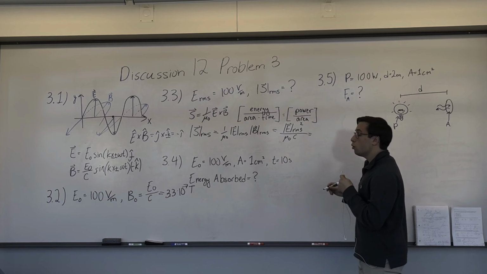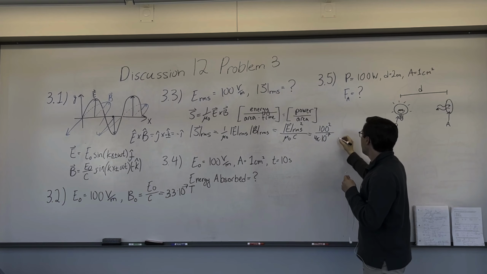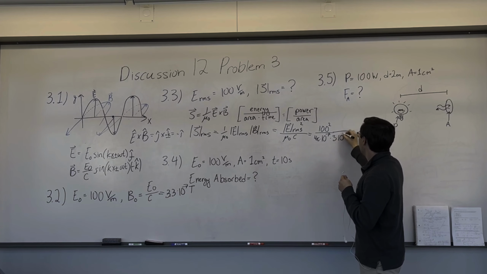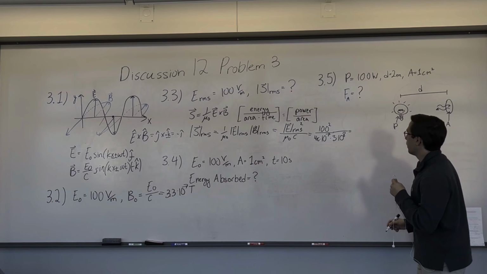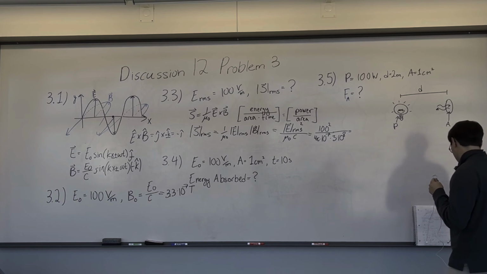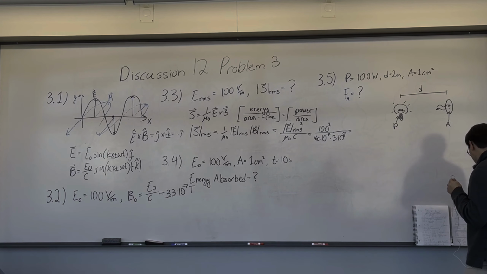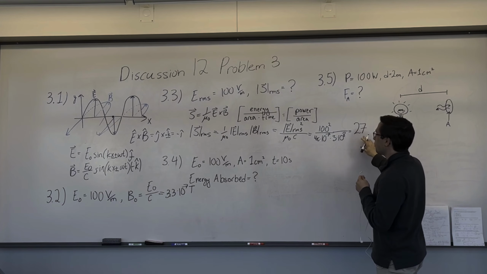And so now we can just plug in some numbers and get 100 squared over 4 pi times 10 to the minus 7 times 3 times 10 to the 8. And if we cancel these a little bit and see what we get, we should get 27 about.